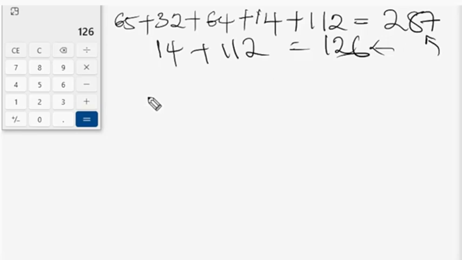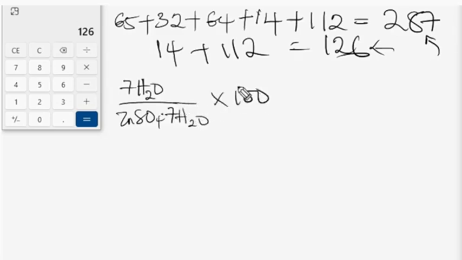For us to calculate the percentage of water, we're going to do the molecular mass of water over the total molecular mass of the compound, that's ZnSO4 7H2O. Then all these times 100.